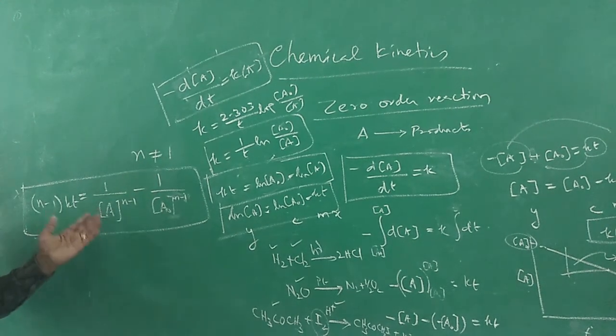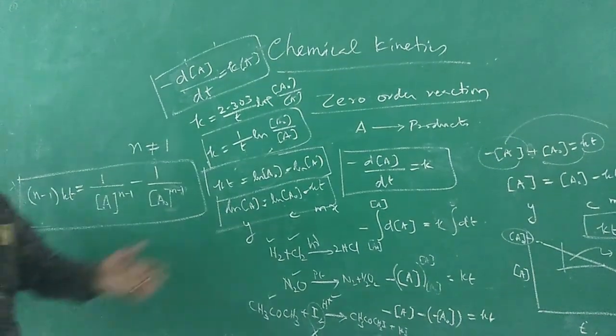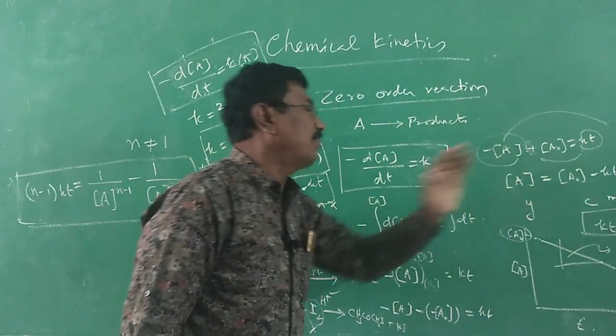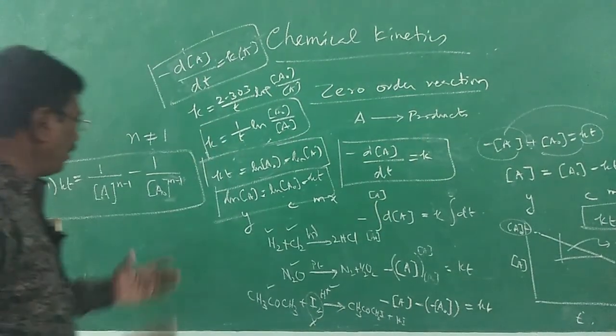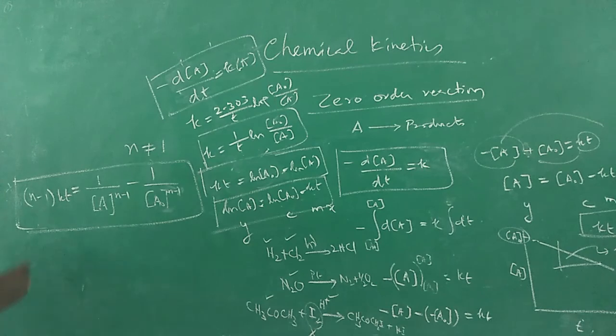So we can try to apply it for zero order reaction, whether we get this type of expression, let us see. We will be getting. Alright, so when n is equal to 0, n minus 1 is minus 1.